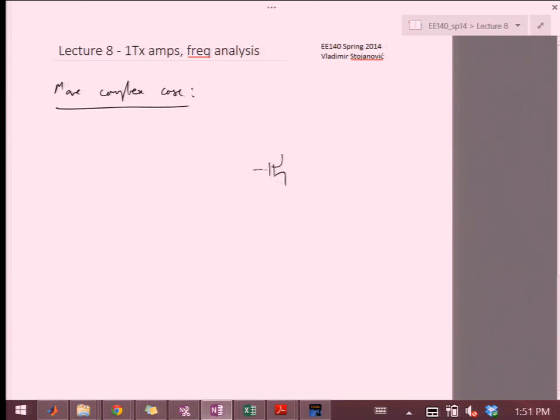Just sketch it real quick again, just so we have it for reference. So the goal here is to not write small signal models. I look at these transistors and I just write out the equations, okay?